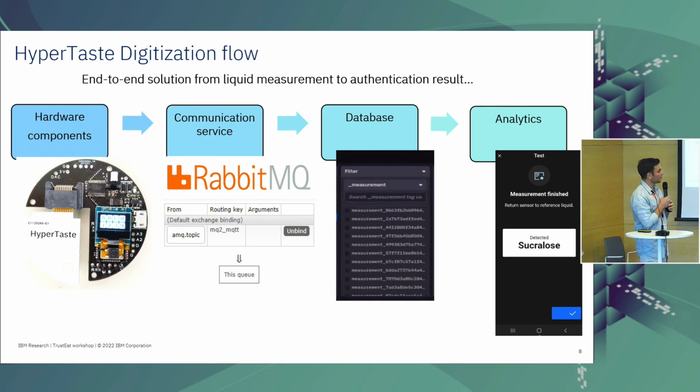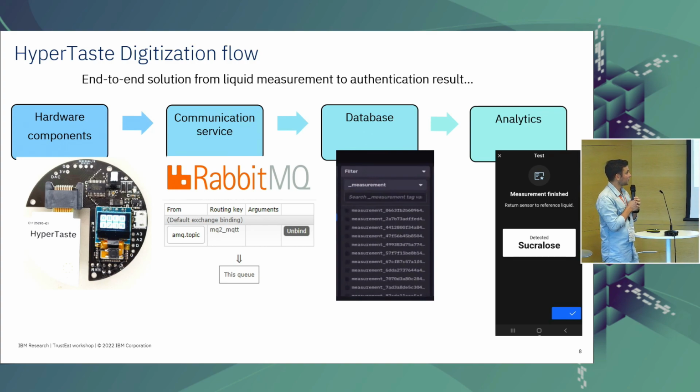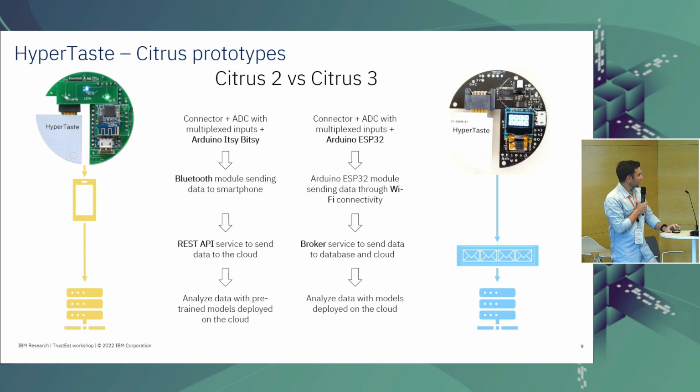So here is an example of sucralose, which is an artificial sweetener, that we can identify with this technology. And just as I said, there isn't a unique way in which we can implement the communication service. So here I explain two different approaches that we had.